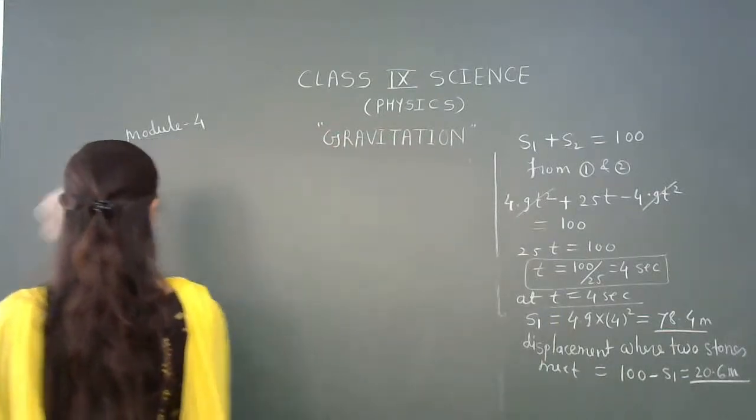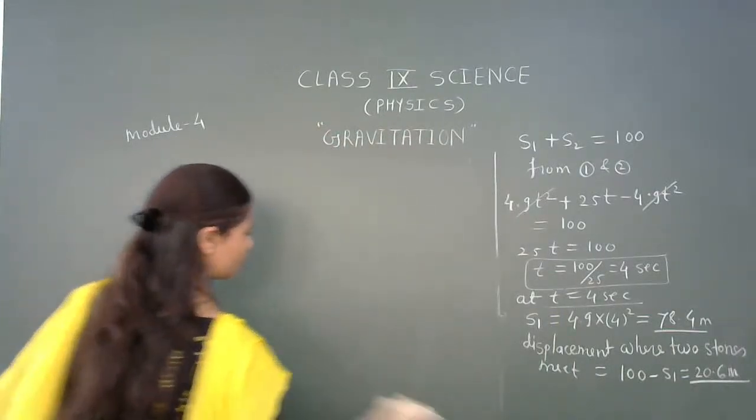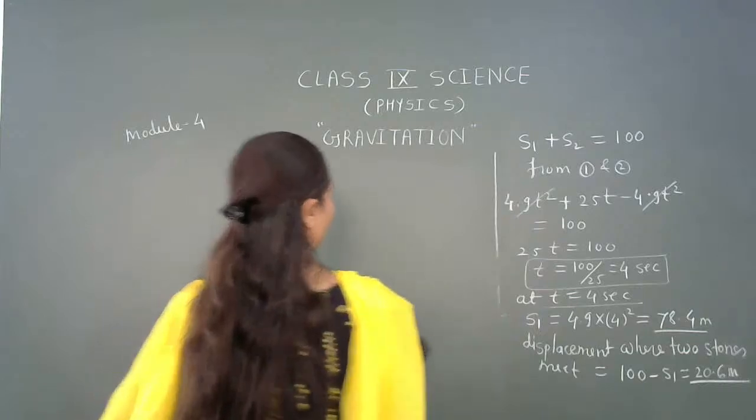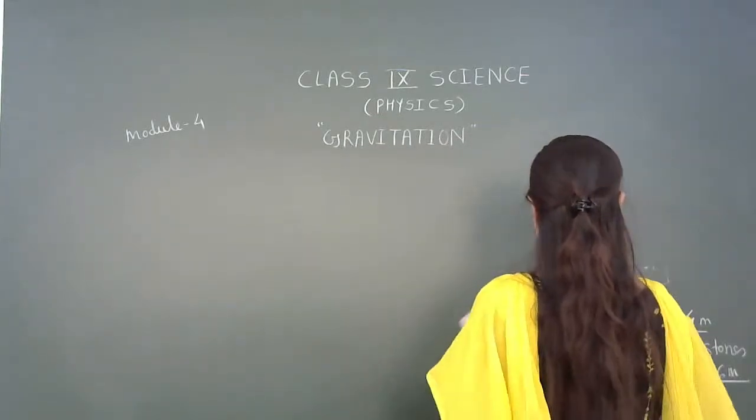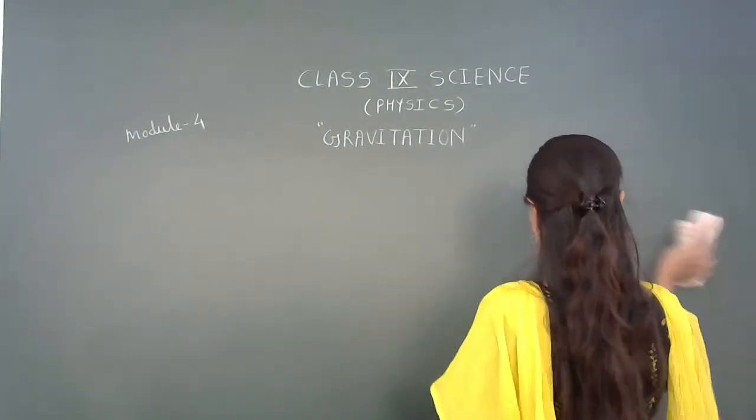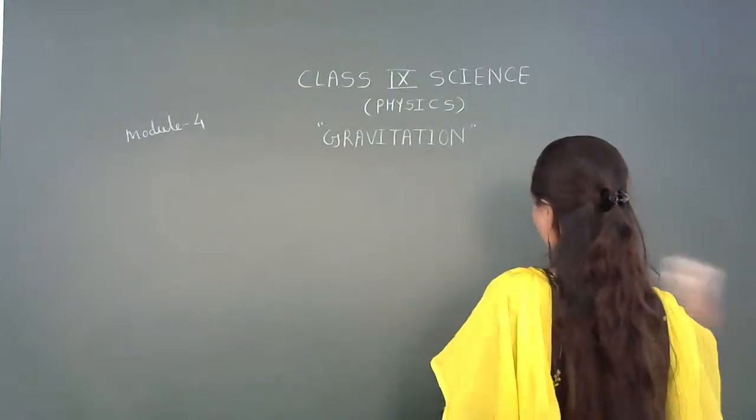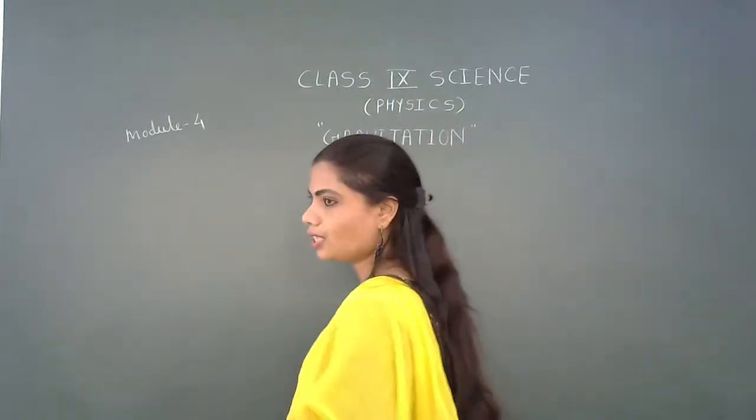So, weight of any object on Earth is equivalent to what? Weight of any object on Earth is equivalent to the gravitational force applied by the Earth.